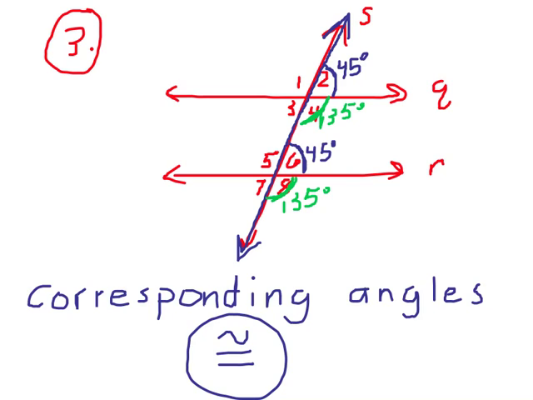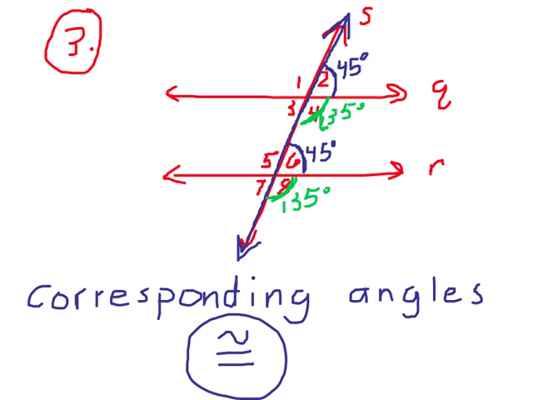There are still more corresponding angles here. Let's go through this. Angle 1 on this side of the transversal, angle 1 corresponds to angle 5. They're going to be equal as well. Angle 3 corresponds to angle 7. Now, learning what you just learned in the previous two questions about vertical angles.